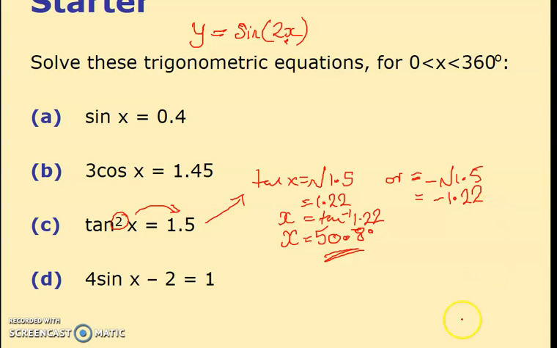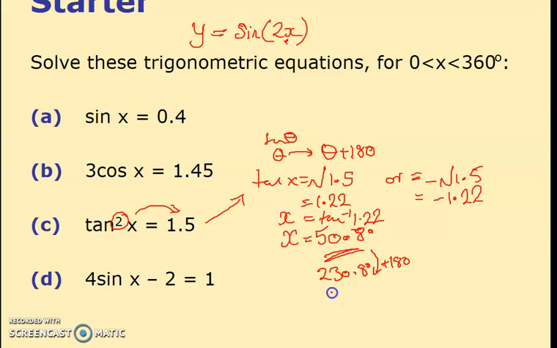Now, bear in mind that with tan theta, to get from your principal solution, your first solution, to your second solution, you just go theta plus 180. So that's why I'm adding 180 on, which is obviously 230.8.